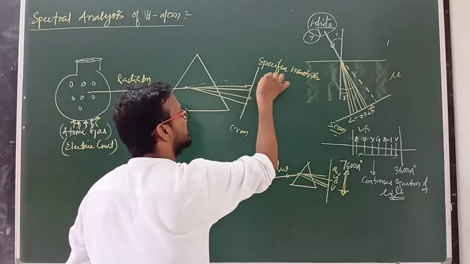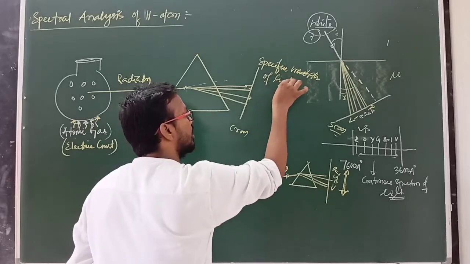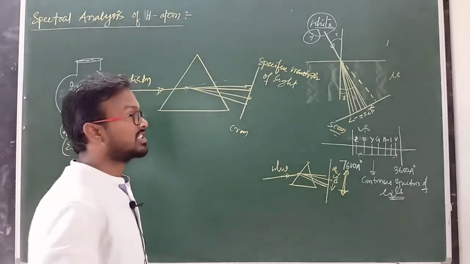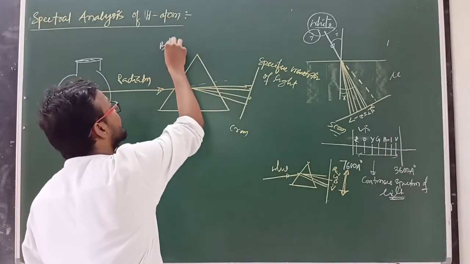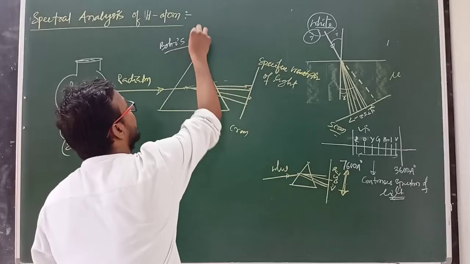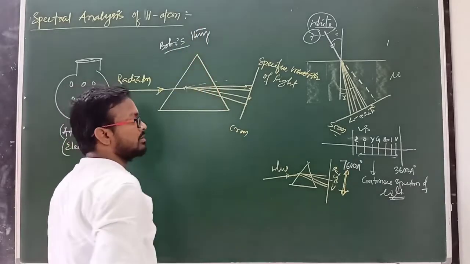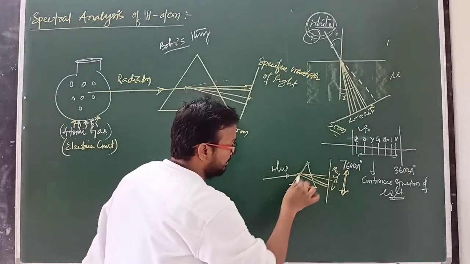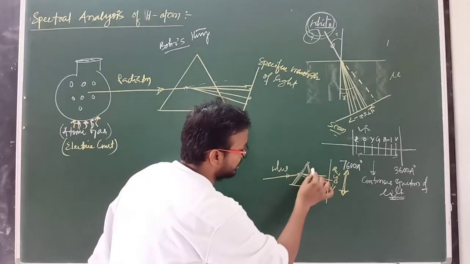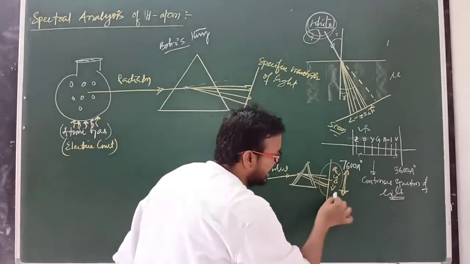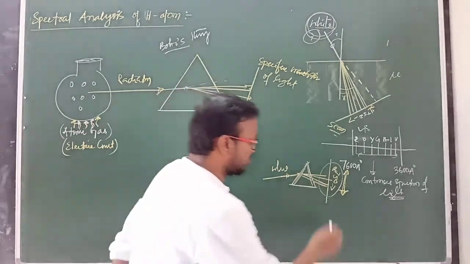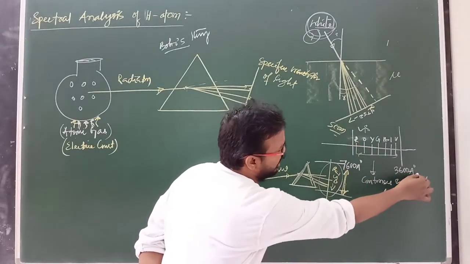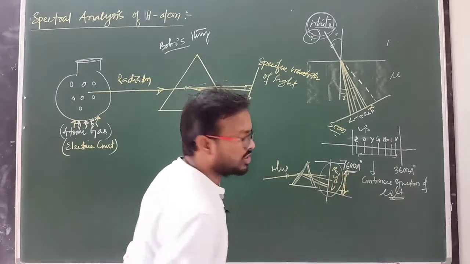Clear? If there is a screen, then we get a specific, particular wavelength of light, not continuous, according to Bohr's theory or Bohr's atomic model. When white light passes through a prism, we get a continuous spectrum, with continuous wavelengths ranging from 3600 angstrom to 7600 angstrom.